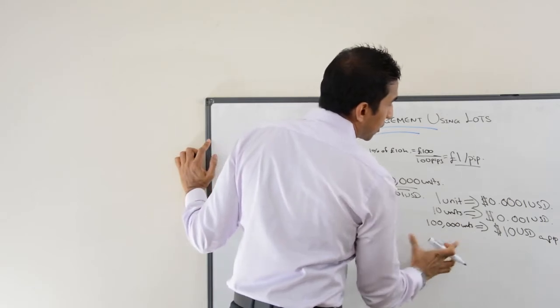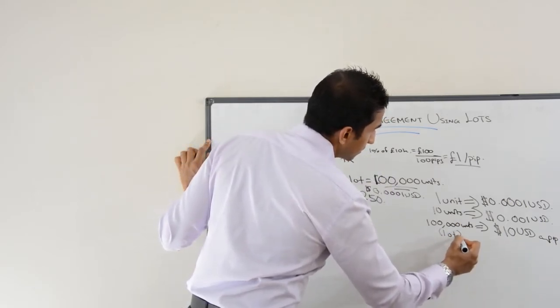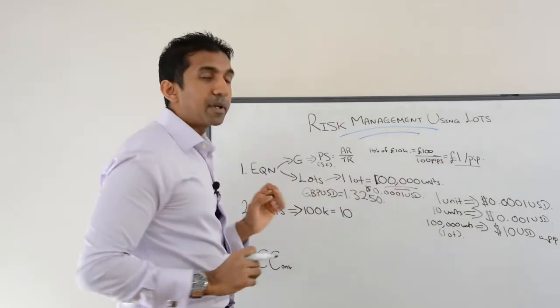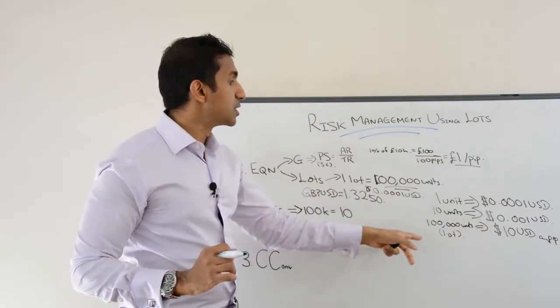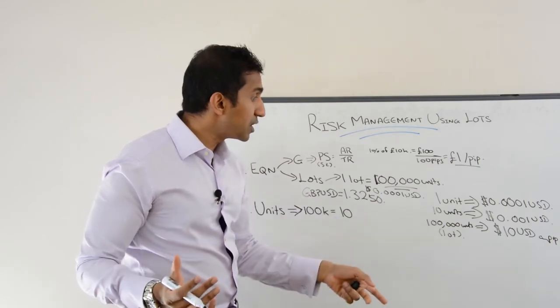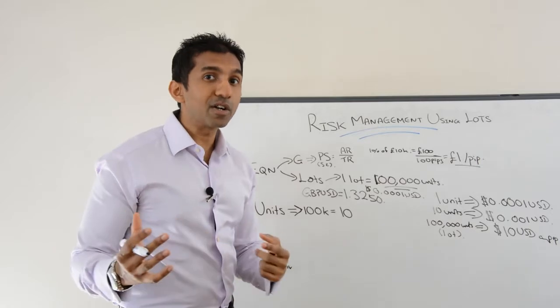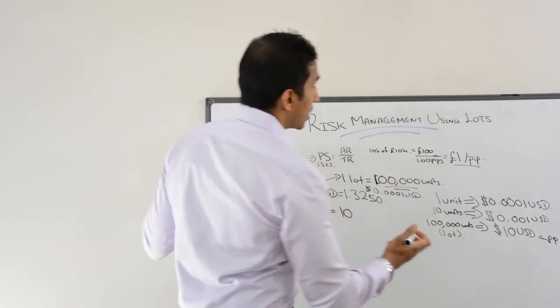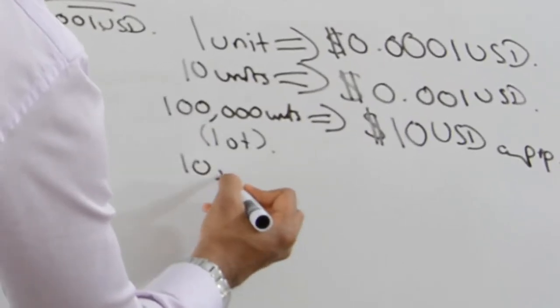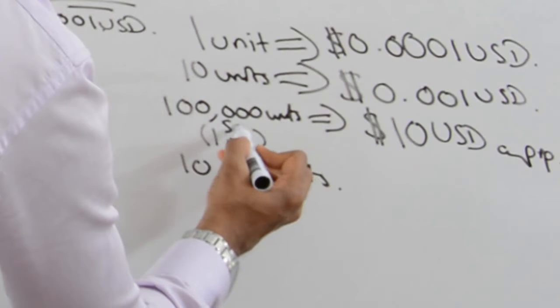So every time, if you bought 100,000 units or 1 lot, that would be $10 a pip. Now, the other kind of measurements you would have heard is basically 10,000 units, right? 10,000 units is 1 mini lot, and then of course if you're going below that, then it's 1,000 units. Let me just write that down. So this would be a standard lot, right?